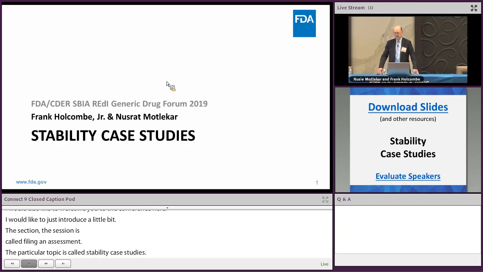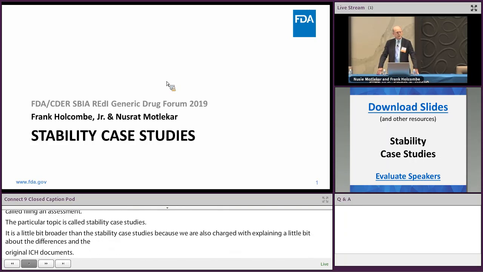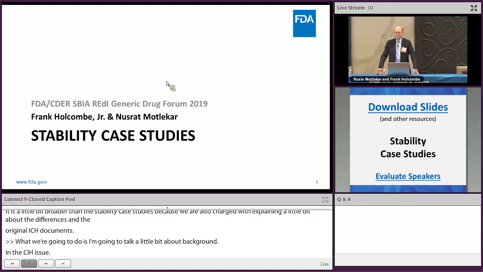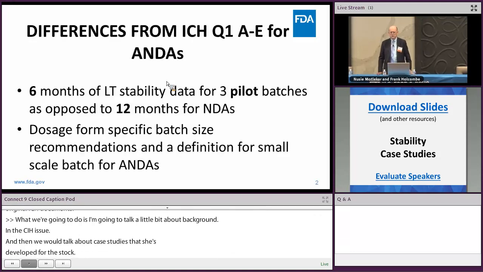What we're going to do is I'm going to talk a little bit about background and the ICH issue. And then Nusie is going to talk about case studies that she's developed for this talk. The idea of differences between the ANDA requirements for stability and the Q1 ICH documents: the short story is there's not much difference.